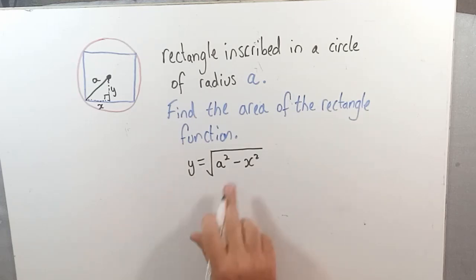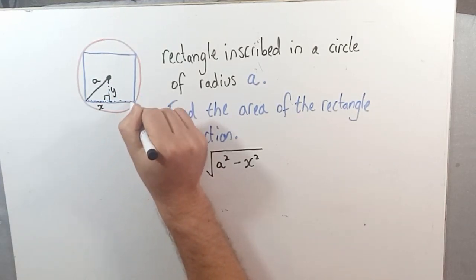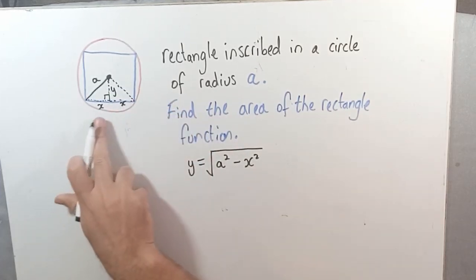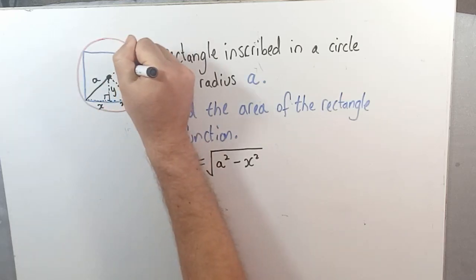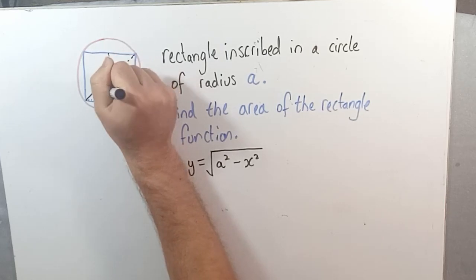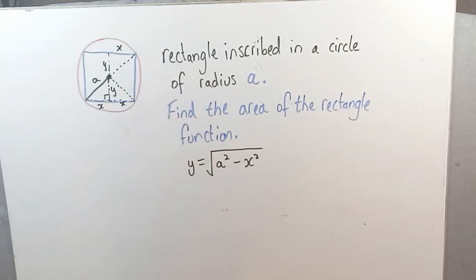Okay, now we want to find the area of the rectangle. So what do we know about the area? Well, we could draw the same thing on this side, and that gives us the width of the rectangle. So our height is going to be 2y, and our width is going to be 2x.